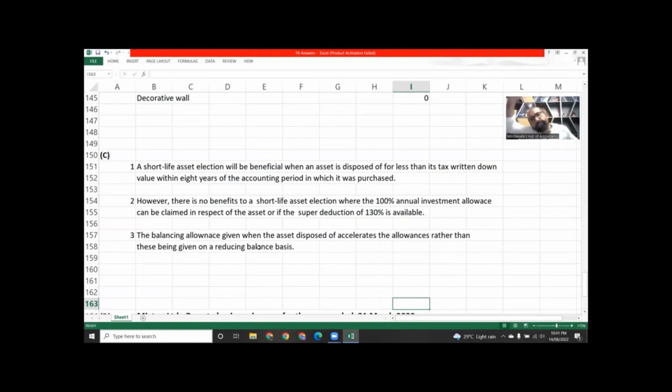You don't get it with number of years. No, you get it immediate. And that immediate is beneficial when you depool it. That's why you depool it, because you want immediate balancing allowance. So out of these 3 points, you can write only 2. That's also good. 2 marks, 2 points are more than enough.